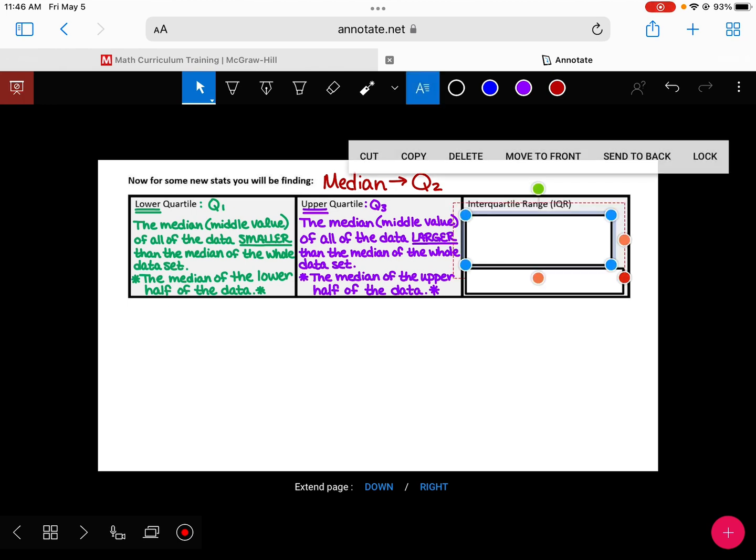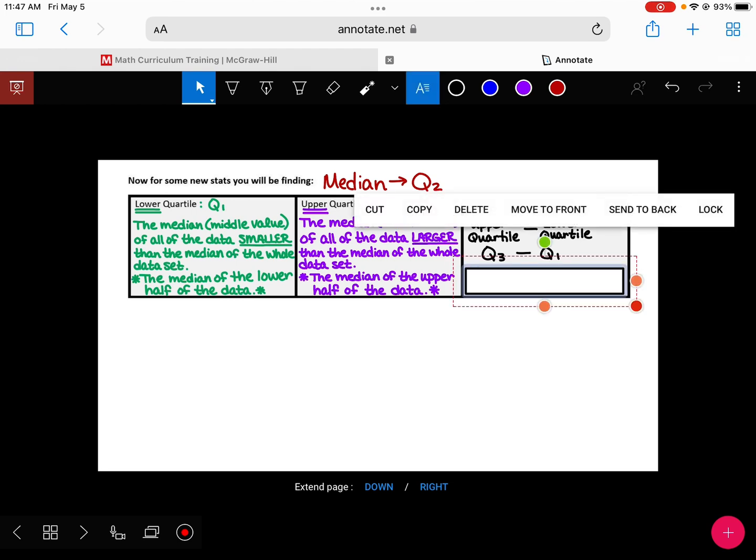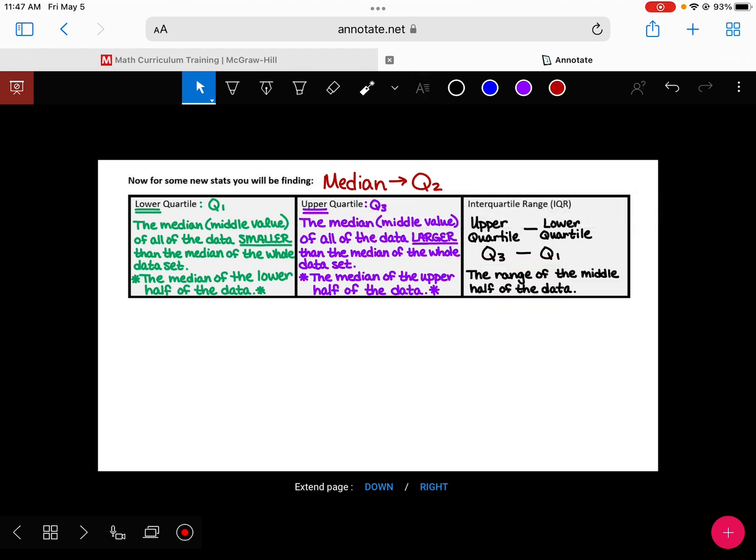The interquartile range, we're going to take the upper quartile, because that's going to be the bigger number, and we're going to minus the lower quartile, Q1, the smaller number that we found. Upper quartile minus lower quartile. This is going to give me the range of the middle half of the data.